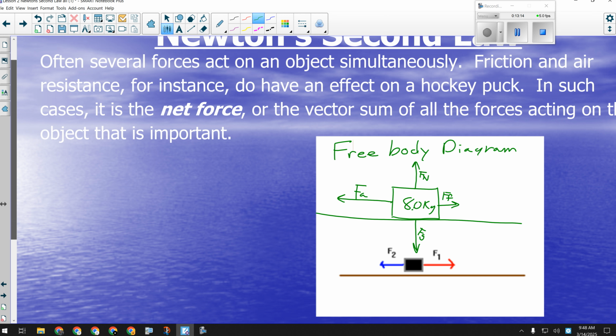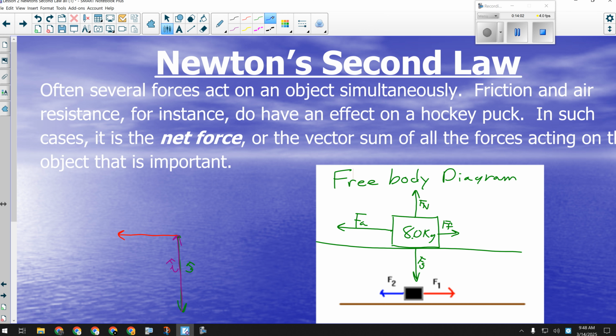Then I would have my applied force, and then the force of friction. This is where I started, right here, and this is where all my vectors ended. So this line here would be my net force.